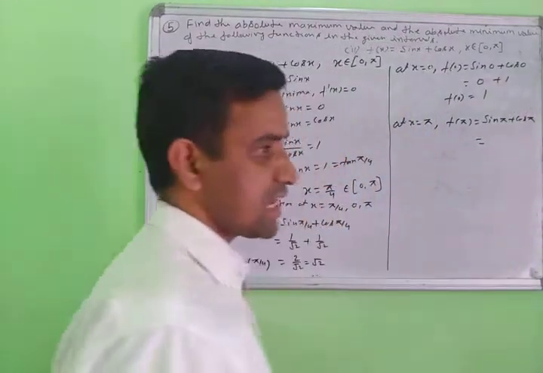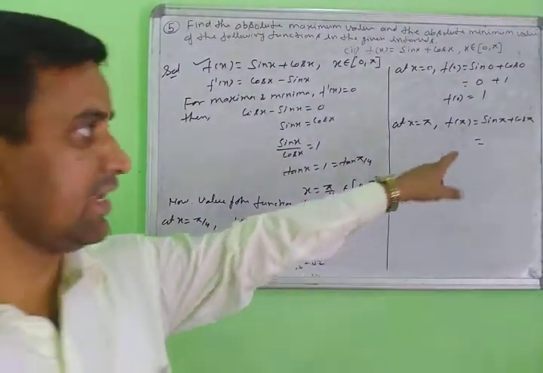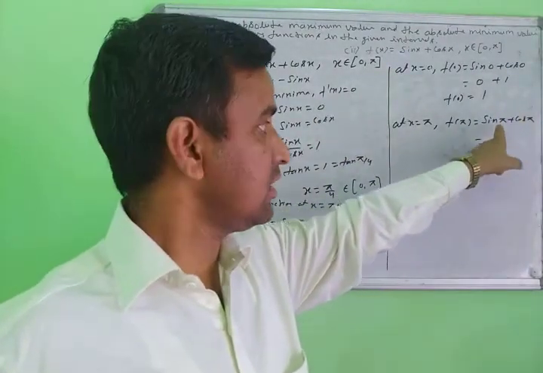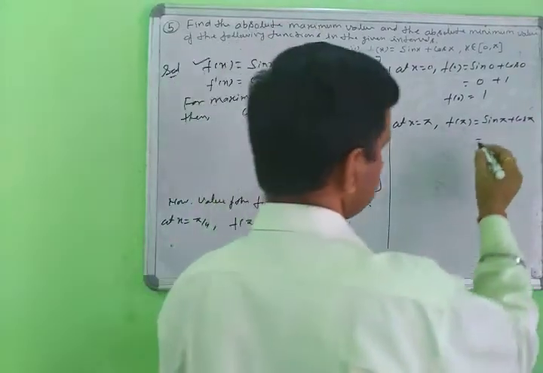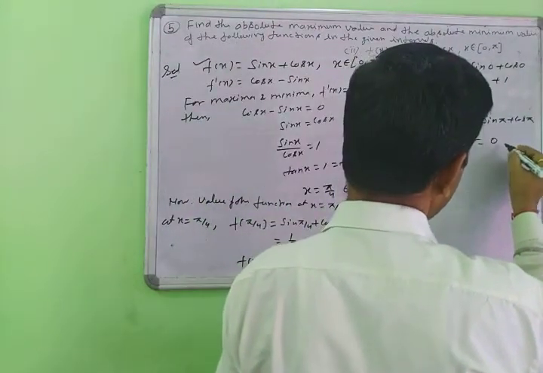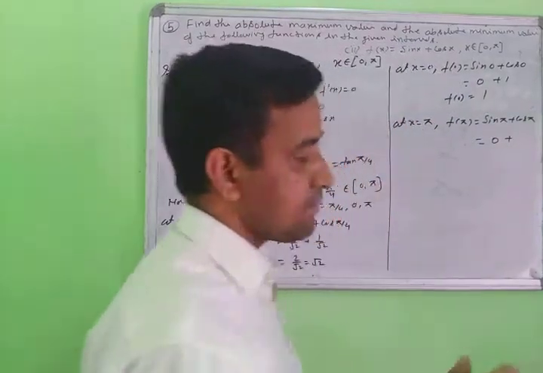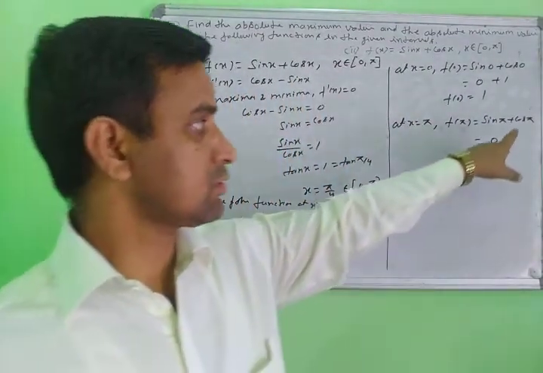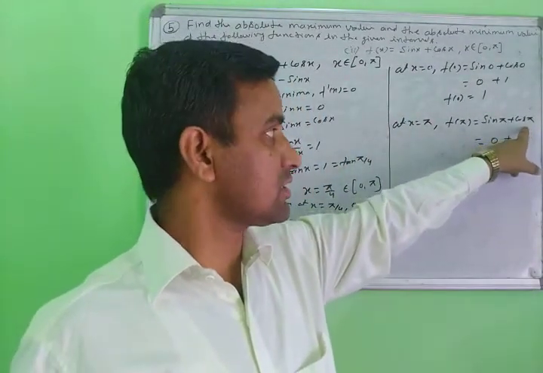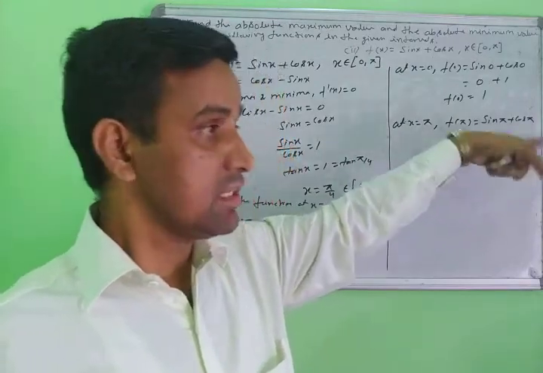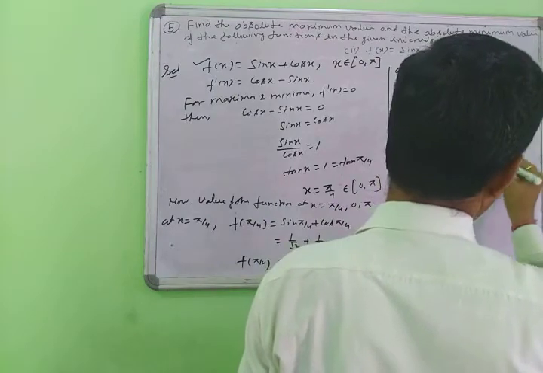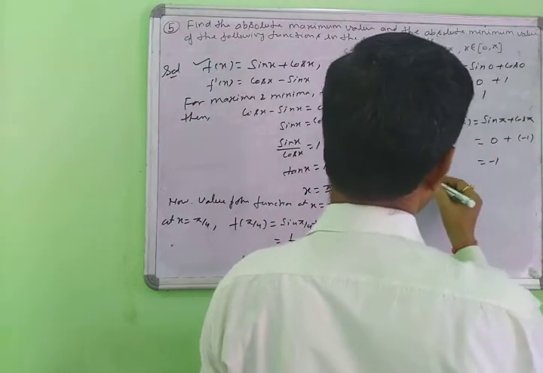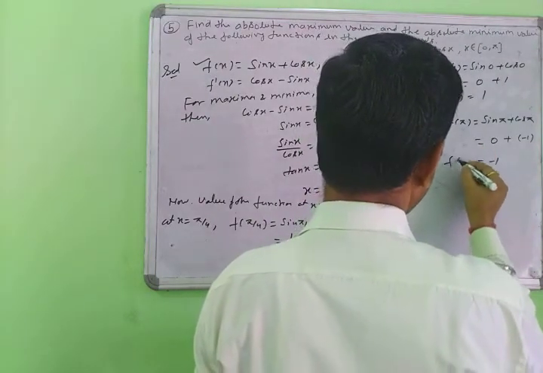Sin(90 plus theta) is cos theta, so sin pi is cos 90, which is 0, plus cos pi. Cos(90 plus theta) is minus sin theta, in the second quadrant, so it is minus 1. This is the value at pi.